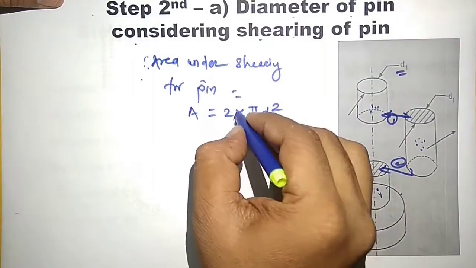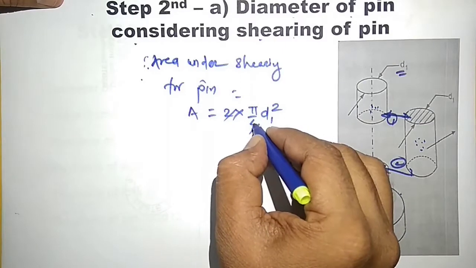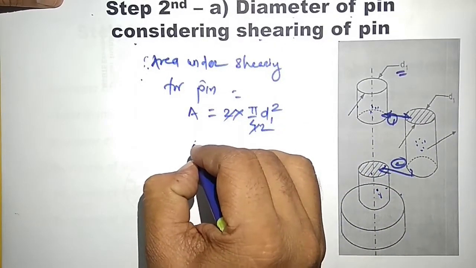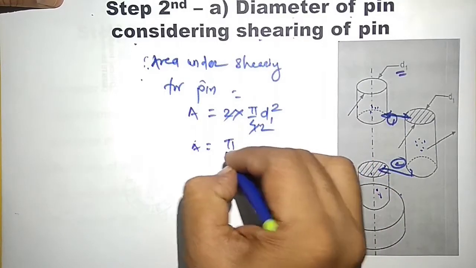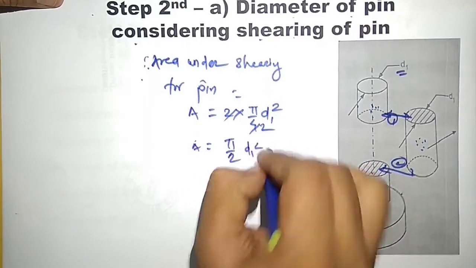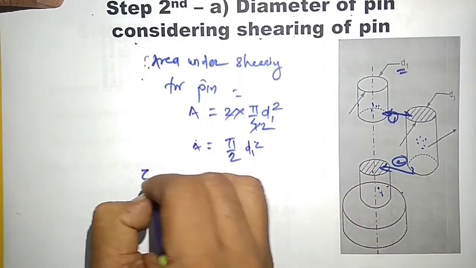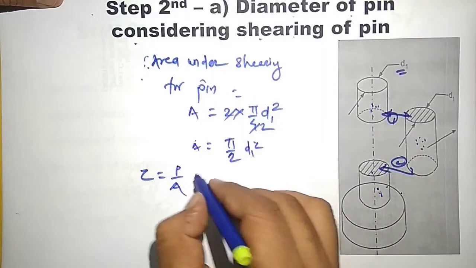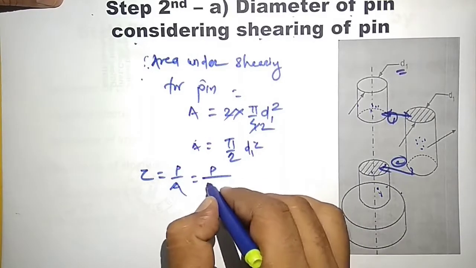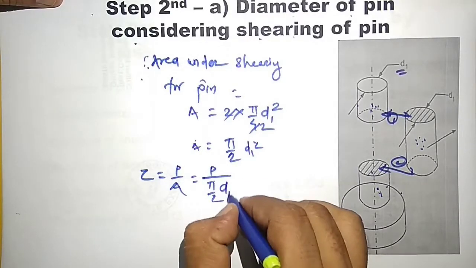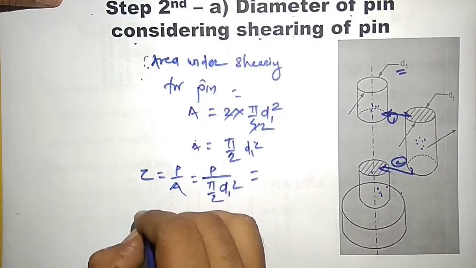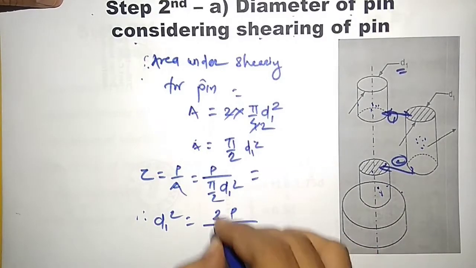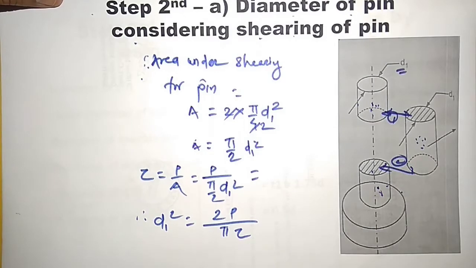The 2s get cancelled, so it will become pi by 2 d1 square. So shear stress tau is equal to P upon area, P upon pi by 2 d1 square. Therefore d1 square equal to 2P divided by pi into tau.